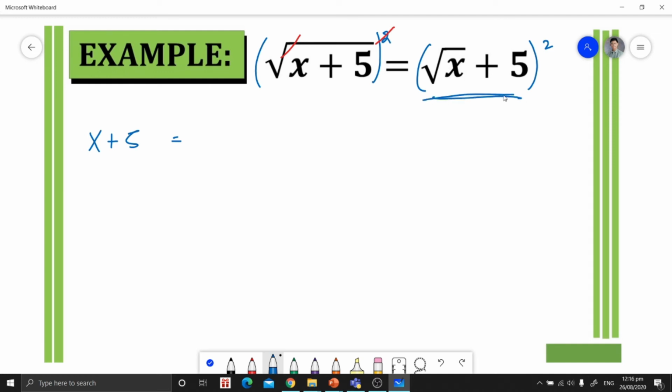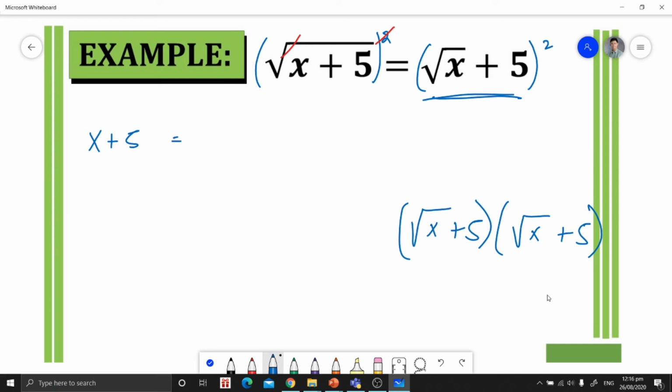now for our right side of the equation, since 5 is not inside the radical symbol, we're going to apply squaring a binomial. So to square a binomial, we're going to either multiply square root of x plus 5 by itself, or we can just simply apply the shortcut.